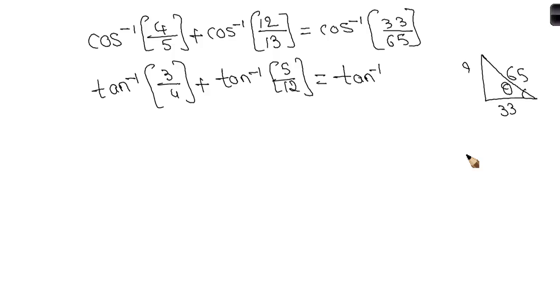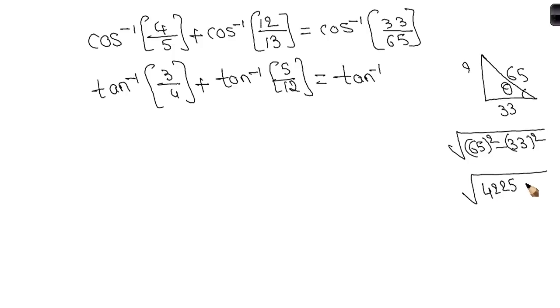How much is root of 65 square minus 33 square? 33 square is 1089, 65 square is 4225. 4225 minus 1089.